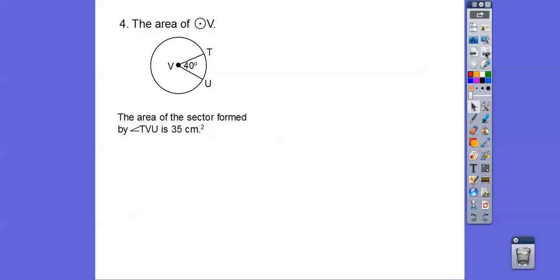All right, so here they want us to find the area of the entire circle, and they give us the area of that little sector is about 35 centimeters, okay. So remember, n over 360 pi r squared is the area of the sector, and they want us to find the area of the circle. So we need to just solve for pi r squared. So right there is our pi r squared.